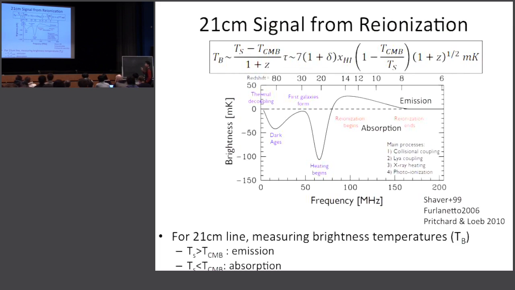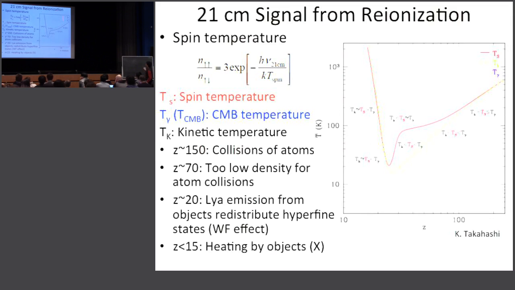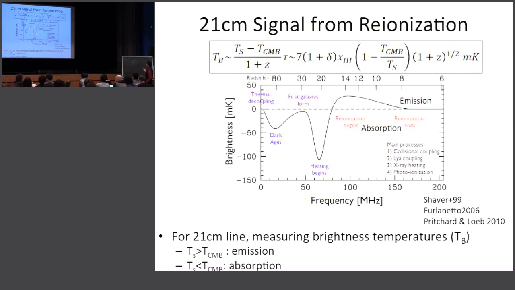This shows the expected brightness temperature. As you saw in this diagram, in the early epoch of the universe the spin temperature is below the CMB temperature, so the brightness temperature is negative. In other words, these signals are observed as absorption.